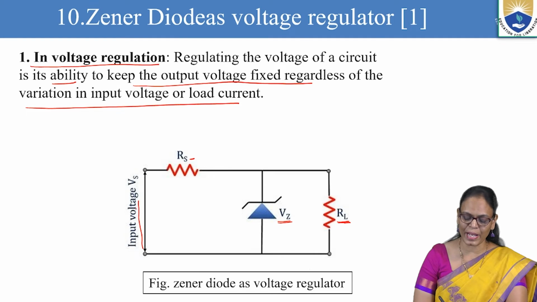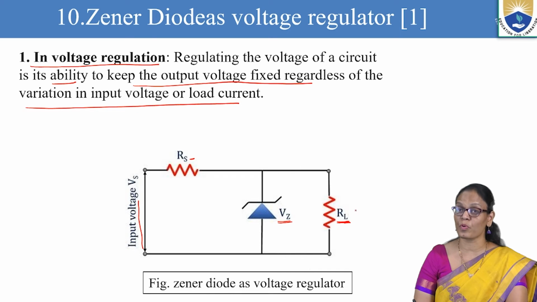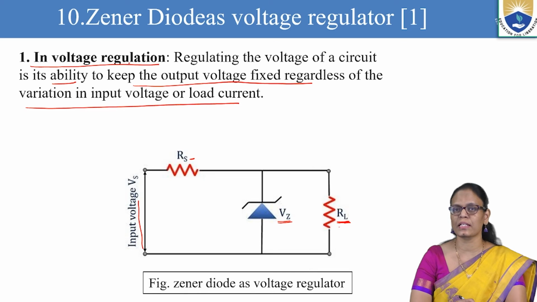Now when we are supplying an input voltage, if there is excess current that flows through the load, it gets damaged. If you are putting any device here and there is extra current that flows through this device, it gets damaged. So most of the time, to protect devices and to regulate the voltage, we use a Zener diode.